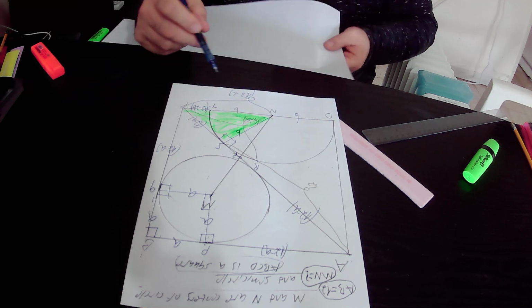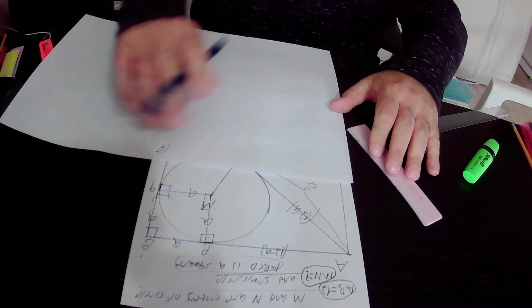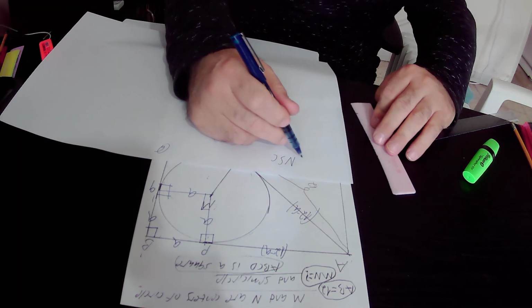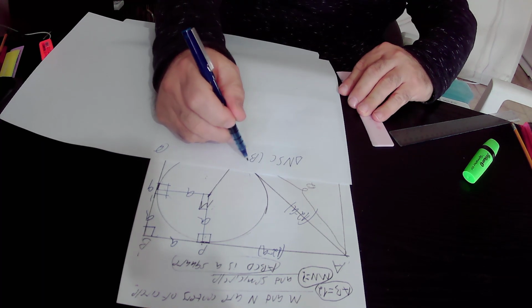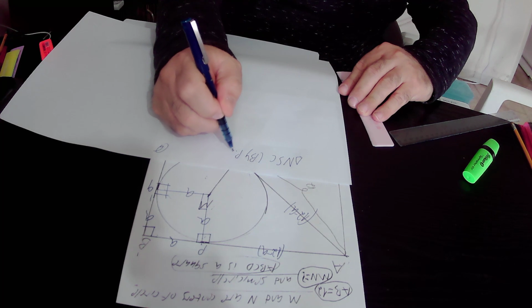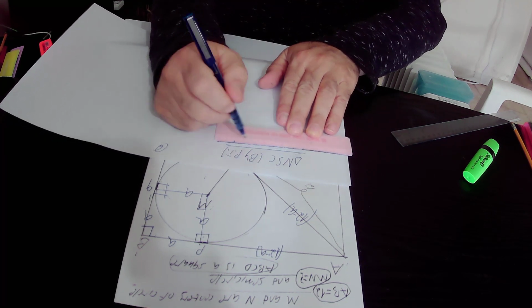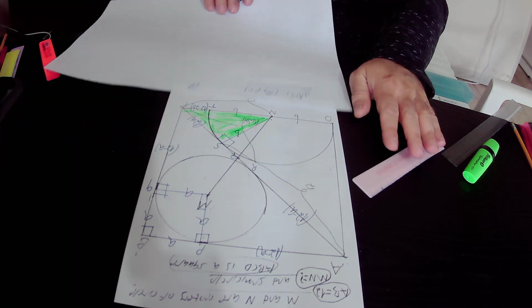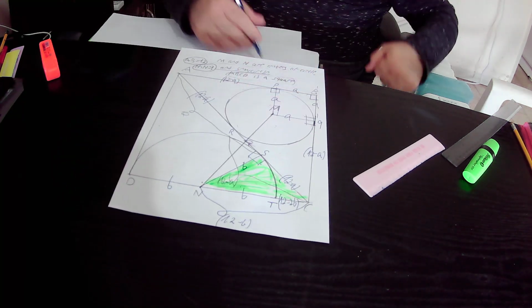I will repeat again, we will focus on the right green triangle, triangle NSC. By PT, that is Pythagoras theorem, the square of the hypotenuse equals the sum of the squares of the perpendiculars.